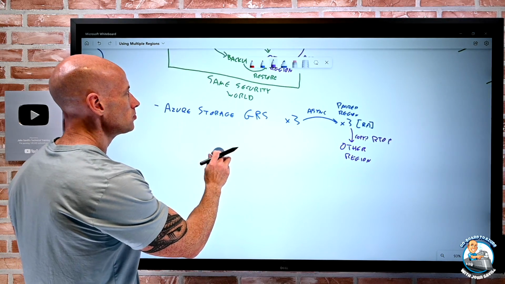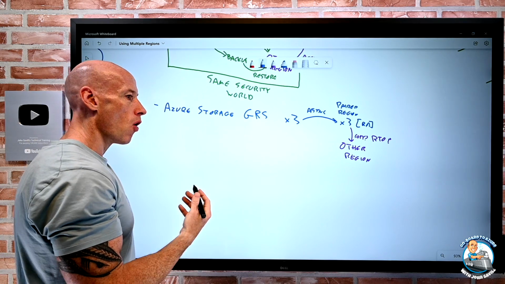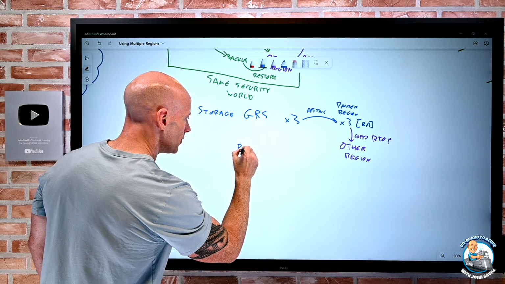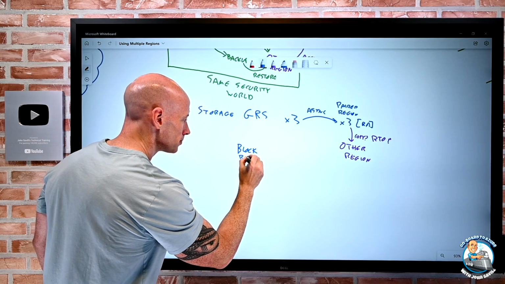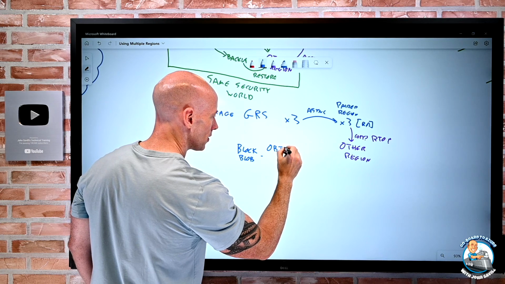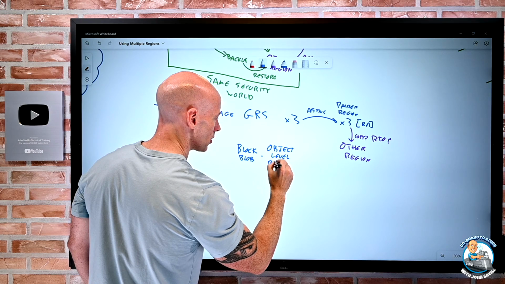Okay, what else can I do? Well, obviously Azure Storage has many types of objects it supports. And for one of them, we have blob, block blob specifically. So for block blob, we now have object level replication.